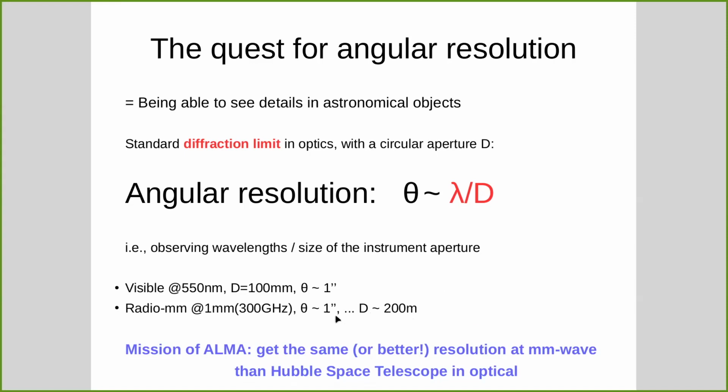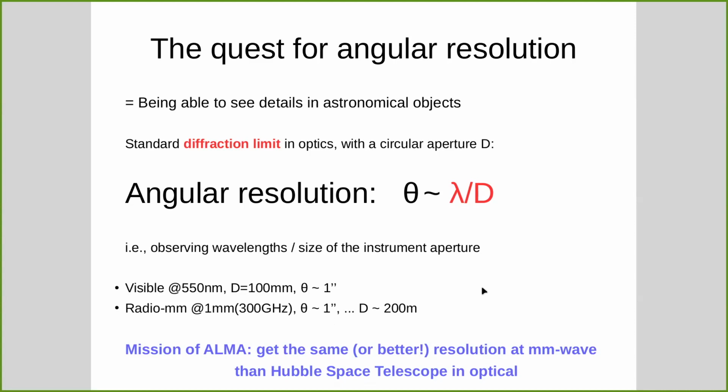And if you want to go even better than this, then you will have to increase the diameter of your telescope even more. The mission of ALMA is to get about the same resolution as the Hubble Space Telescope, what the HST is doing in optical.